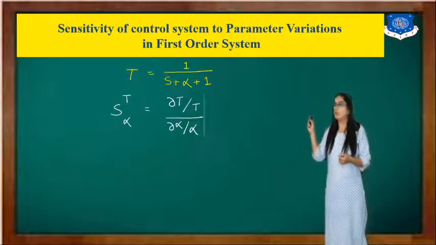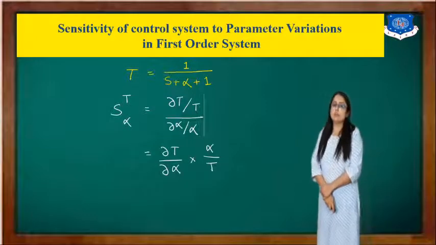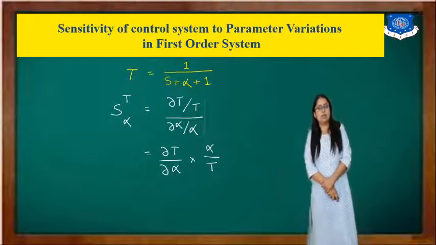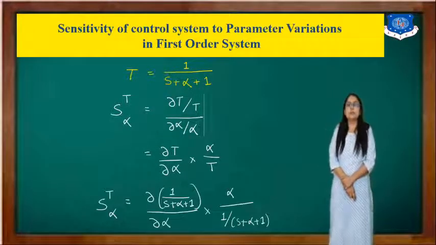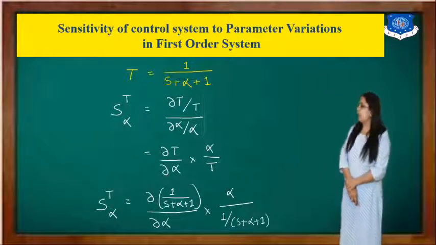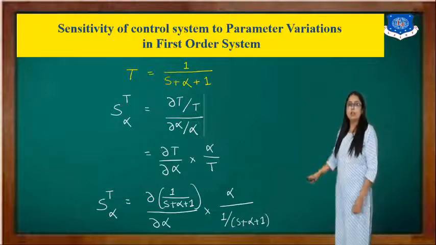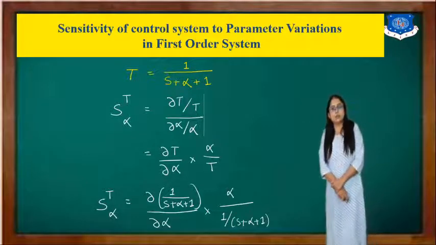Now simply substitute the value of T. First, delta T by del alpha times alpha by T. Substituting T, we get 1 upon S plus alpha plus 1, differentiated with respect to alpha, times alpha upon 1 upon S plus alpha plus 1.